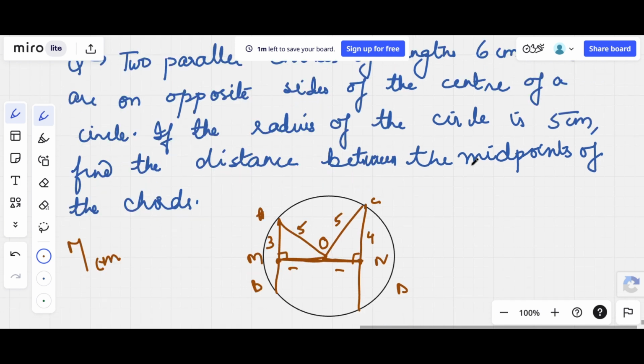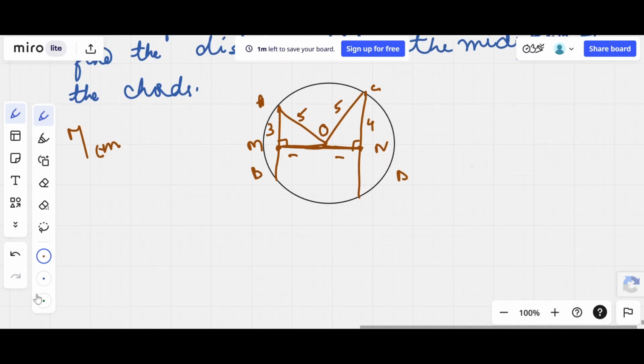Ma'am, what's the answer? Yeah, your answer is correct, my dear. So, how will you write it? Two parallel chords of lengths 6 and 8 are on opposite sides. If the radius is 5, find the distance between the midpoints of the chords.